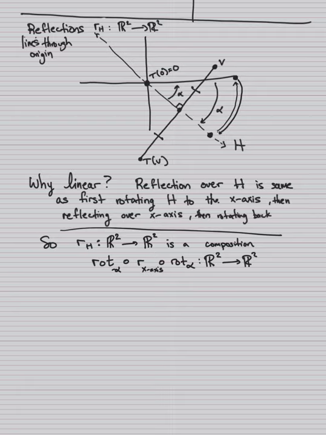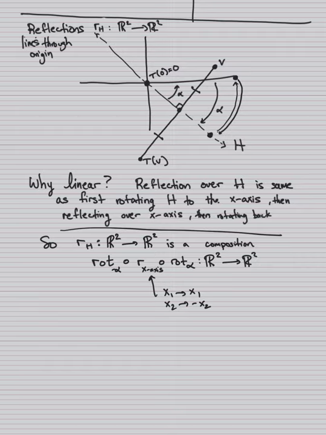Well, this one is very easy to check whether it's linear. This just sends x1 to x1. It sends x2 to minus x2. And it's easy to see that this operation will be a linear transformation.